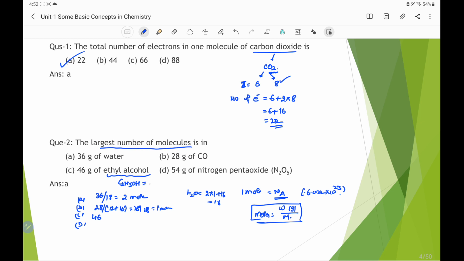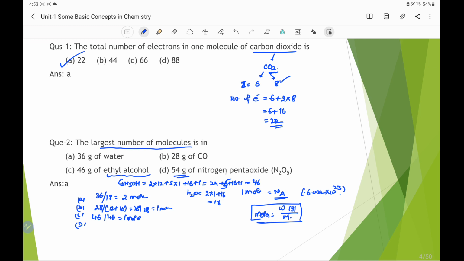The molecular weight of this alcohol will be 2 × 12 for carbon, plus 5 × 1 for hydrogen, plus 16 plus 1. So it will come 24 plus 5 plus 16 plus 1, that is 46. So it is 46 by 46, that means it is also 1 mole.